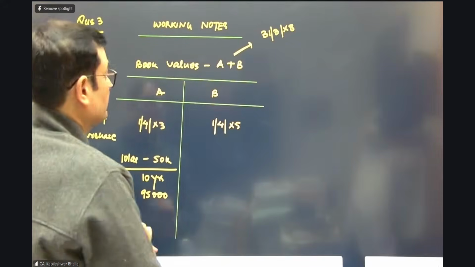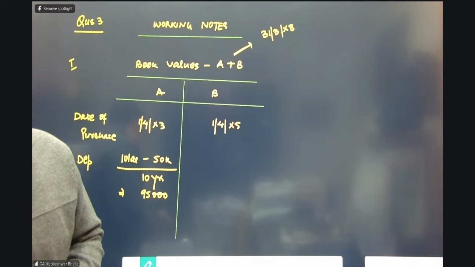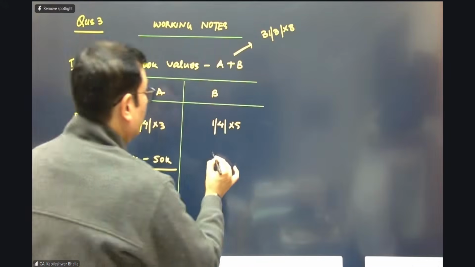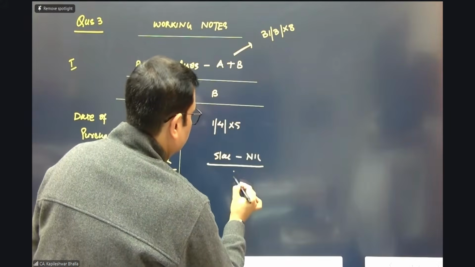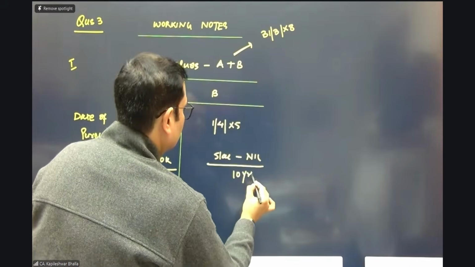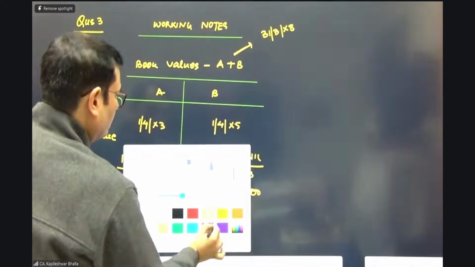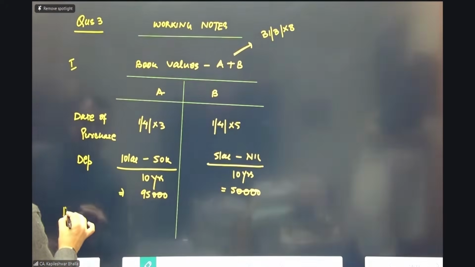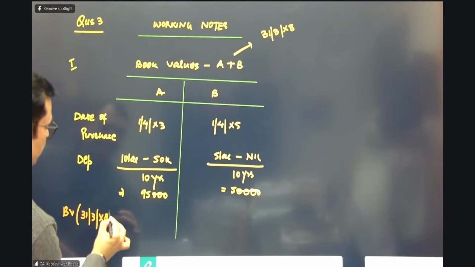And similarly, we can consider the value of machine B. It's given as 5 lakh with no scrap value, with a life of 10 years. And this will give us a depreciation of 50,000. So with this, we will be able to calculate a book value on 31st March X8.